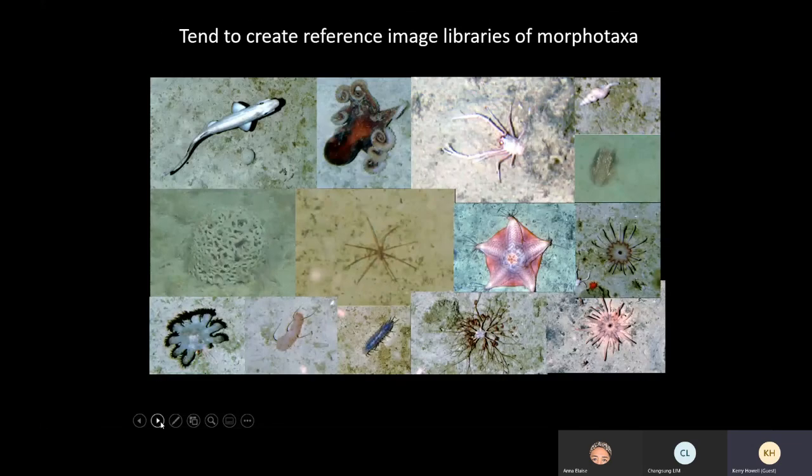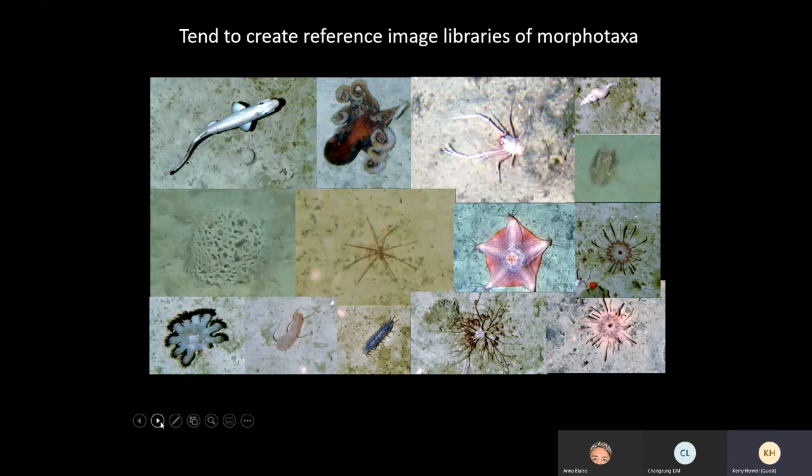And what this has resulted in is individuals or indeed whole laboratories developing their own reference image libraries of morphotaxa. What I mean by that is a reference library of organisms that can be consistently identified from the image data.